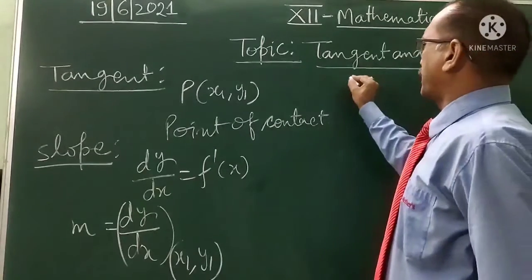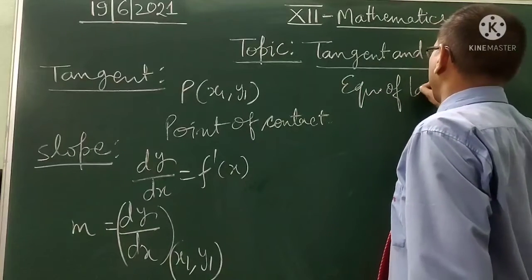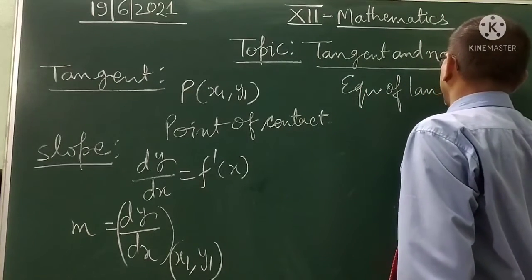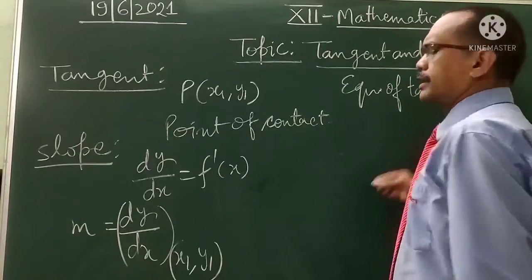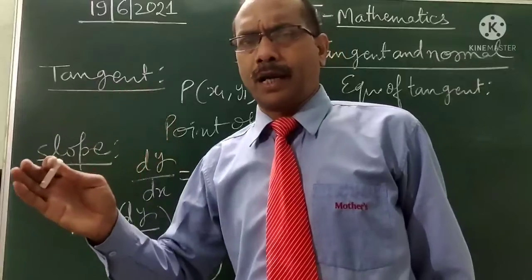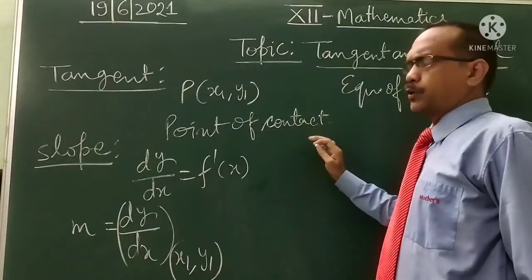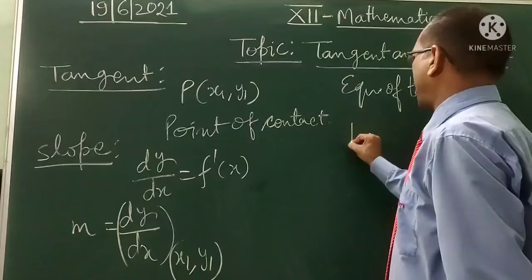Dear student, now the equation of the tangent. Since the tangent is a line, it passes through the point of contact. Therefore, it is the equation of the line passing through one point, so there is a one point form.